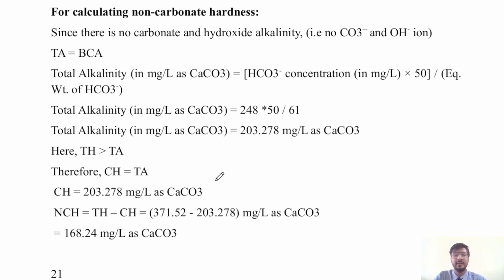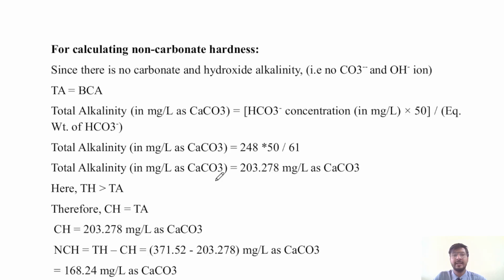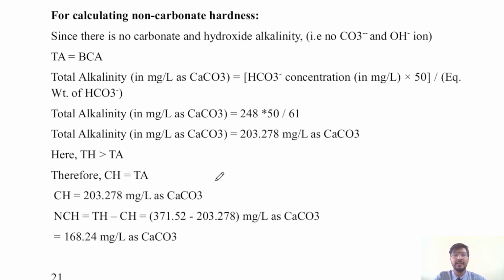For calculating non-carbonate hardness, since there is no carbonate and hydroxide alkalinity, it means there is no CO3 minus minus, that is carbonate, and there is no OH minus ion.